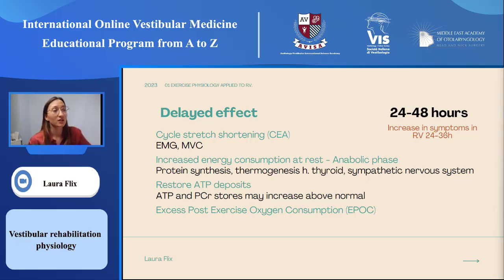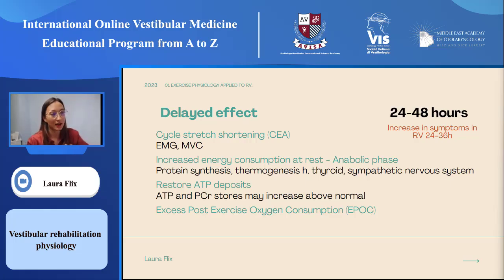And in this situation, we will have implied the so-called cyclical strength shortening, where we will have alteration in the electromyography data. We will have also the reduction of muscular maximum contraction, and so we will have less force.